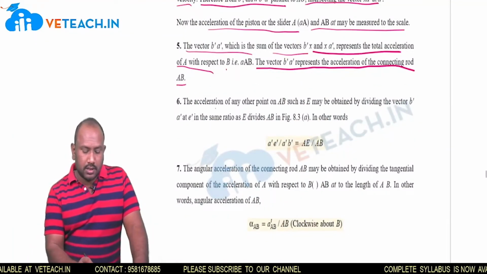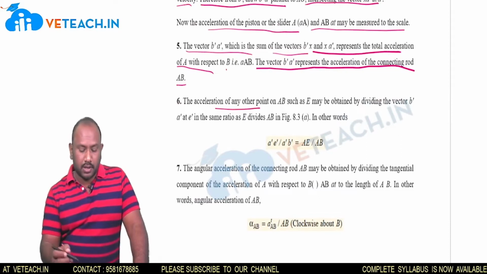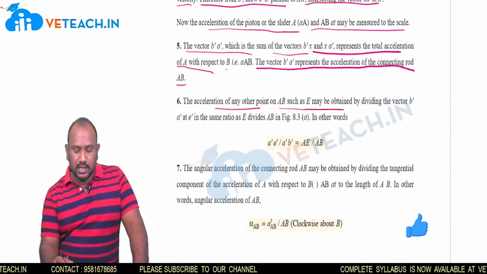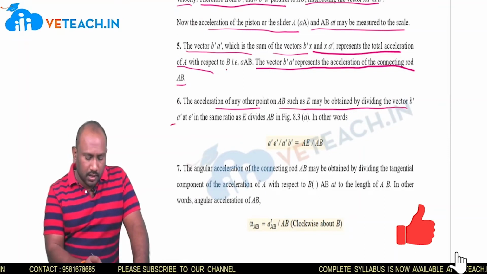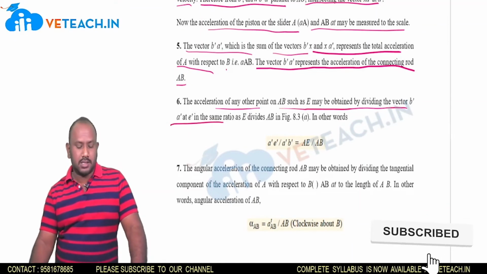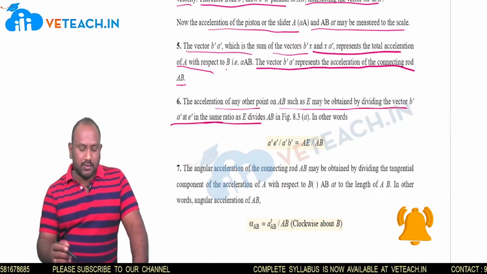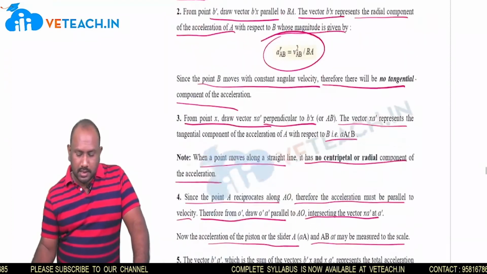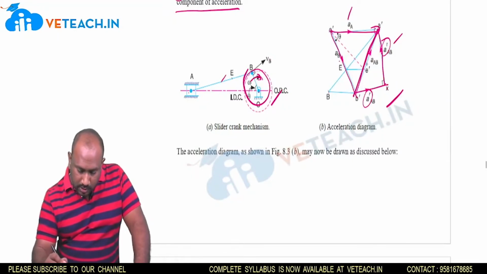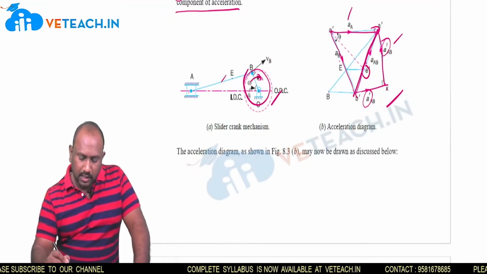The acceleration of any other point on AB, such as E, may be obtained by dividing the vector A dash B dash at E dash in the same ratio in which E divides AB. As you can see in the diagram here, this is the point which divides the AB line into two parts.